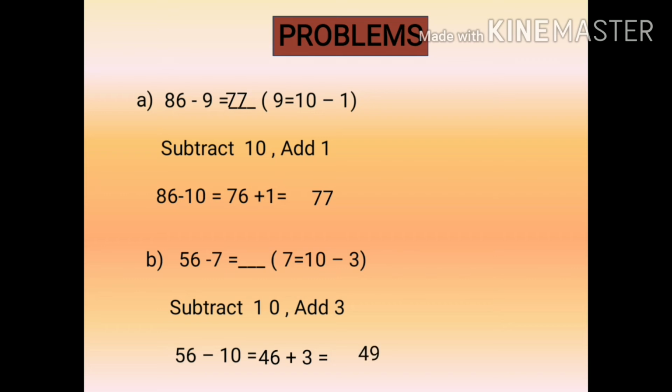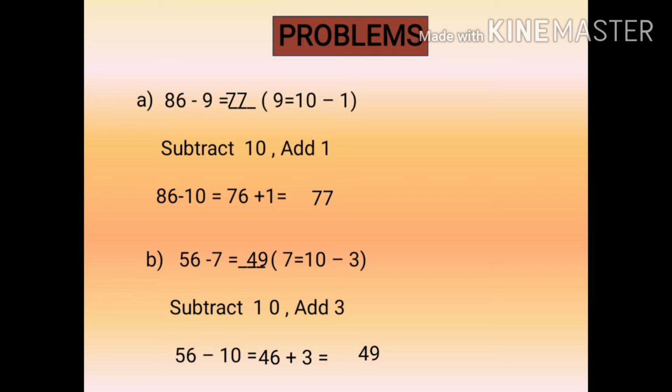So 56 minus 7 is equal to 49. In this way, we can do subtraction easily, and you can use subtraction in your daily life. Now children, we have learned how to do mental maths. Now practice this at home using different numbers.